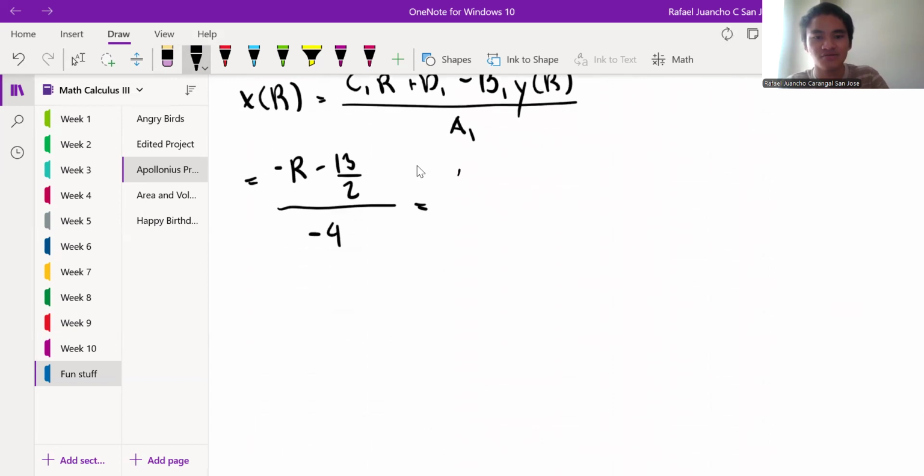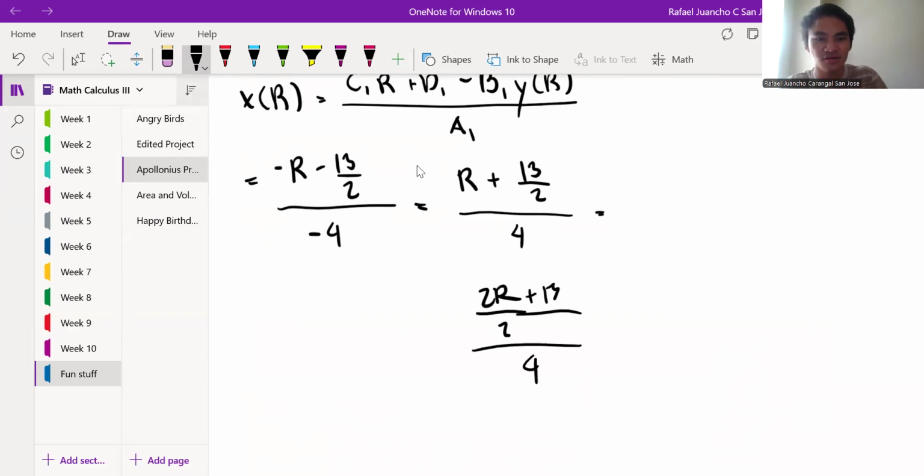Okay, so I can do this. R plus 13 halves over 4. What else can I do? I can say, well, this is 2R over 2 plus 13 over 4, 8.